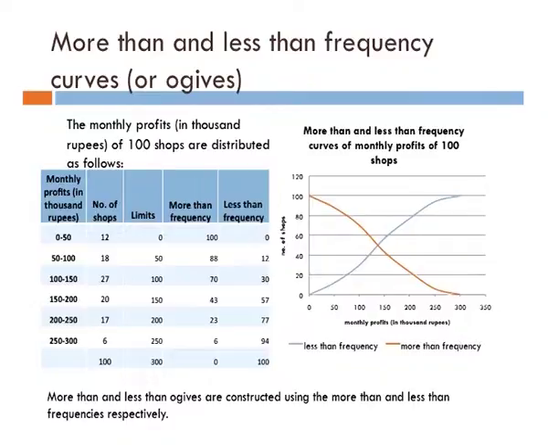And in case of the last class, the lower limit is 250 and its cumulative frequency is 6. So, against the 250 we plot a point, and all these points are joined by a smooth hand. So, this gives me the two curves.